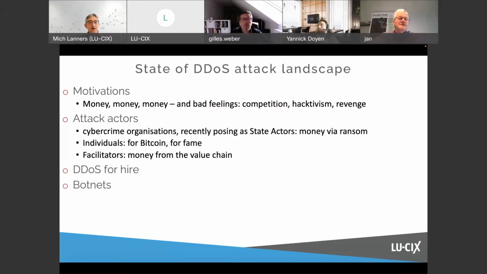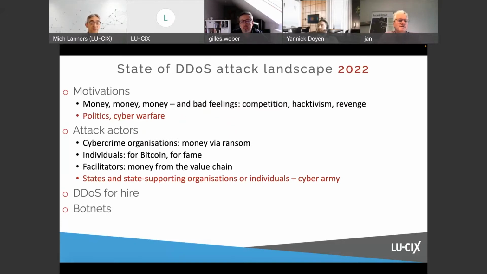This here is a slide that I have shown you 2 years ago during the Luxembourg Internet Days Lunar Conference. This is still very relevant, but today, and specifically since February 24, there are some additional elements to consider. Specifically, since then, DDoS has shifted to become an element of cyber warfare in support of political positions of the parties involved in a real war.